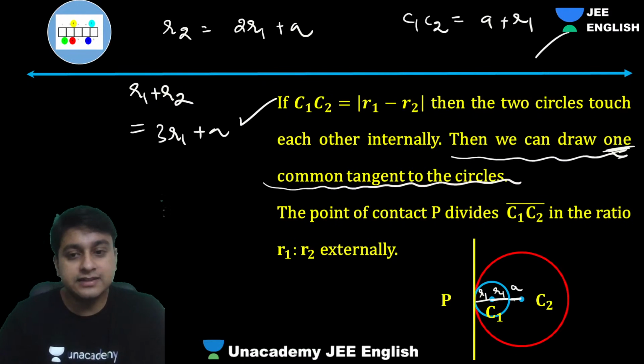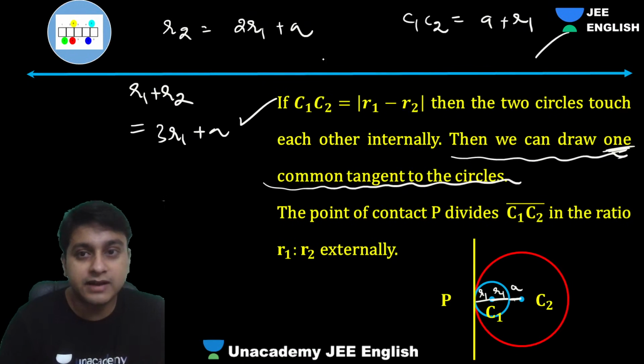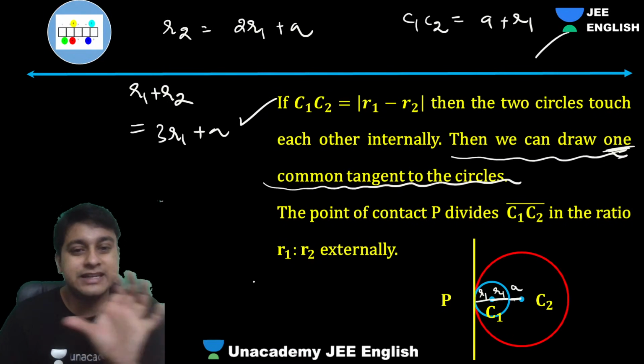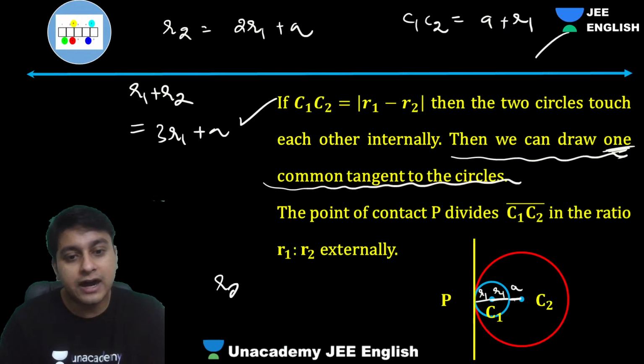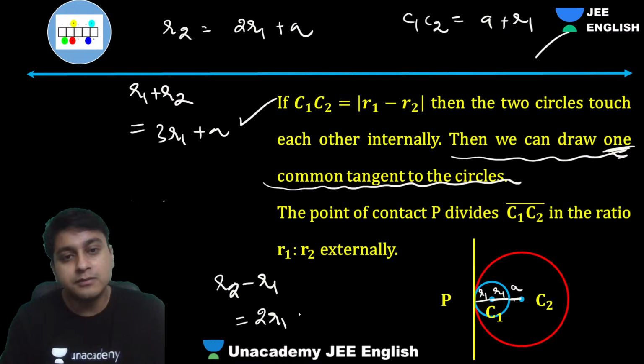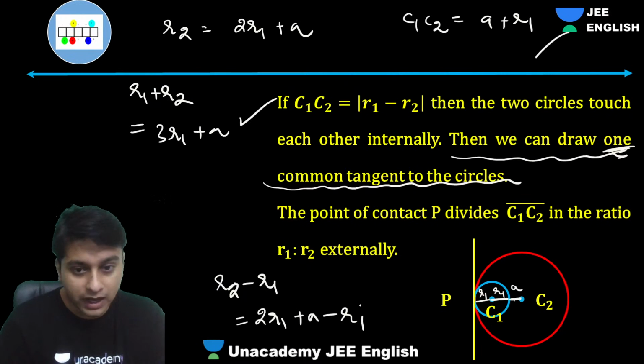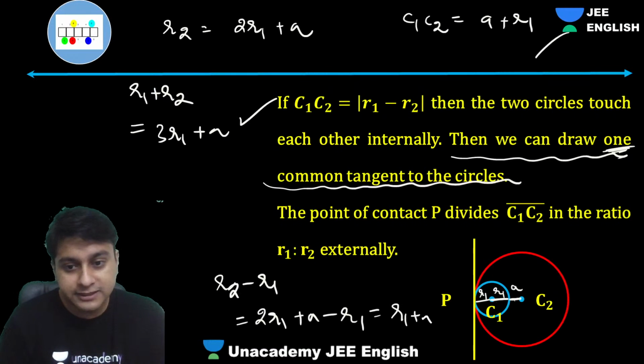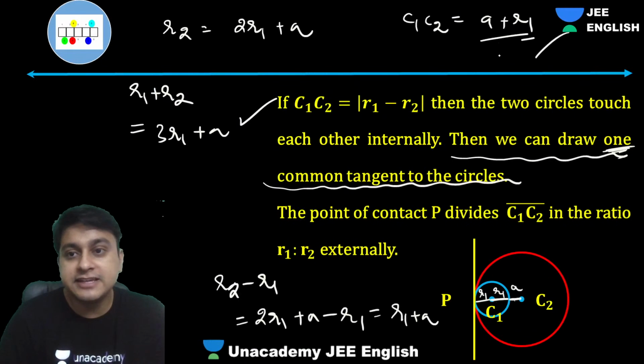So let's see here. Let's suppose I am subtracting R2 and R1. Obviously here R2 is looking bigger. So what will be R2 minus R1 for this? We'll get 2R1 plus A minus R1, isn't it? So R1 cancels. We are getting R1 plus A, which is the same as C1C2.